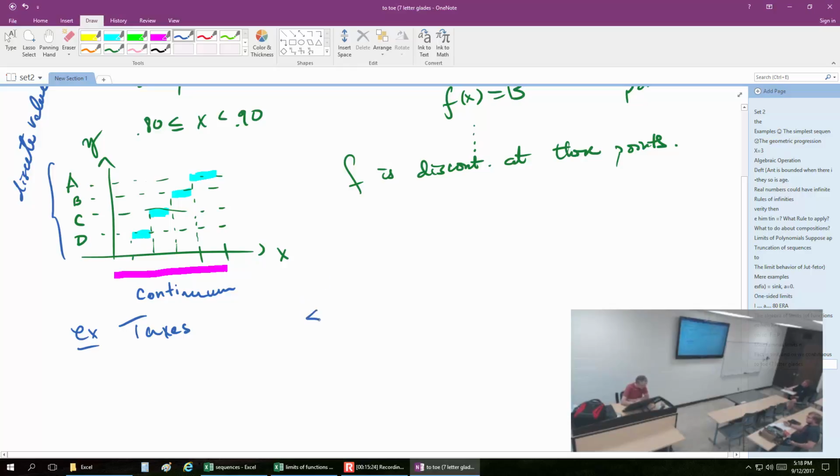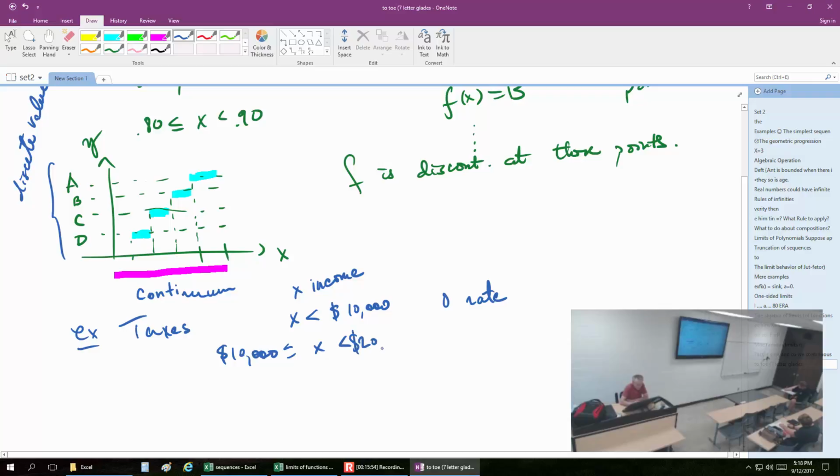Less than 10,000, it is the zero rate, so you don't pay anything. If it is larger than 10,000, okay, but less than... X is your income, or reported income, or taxable income, it doesn't matter.